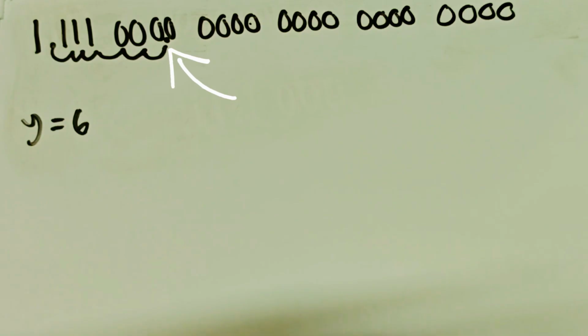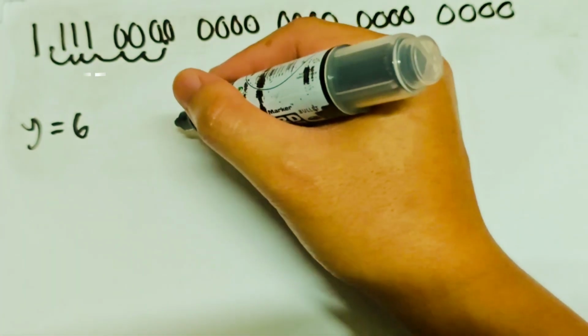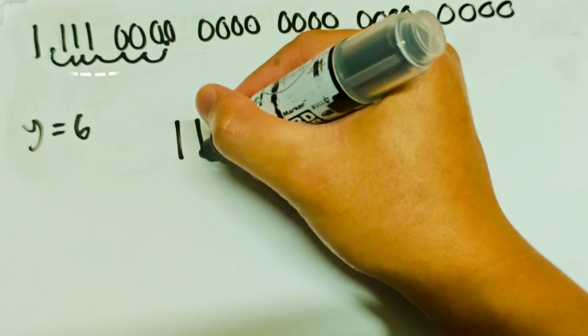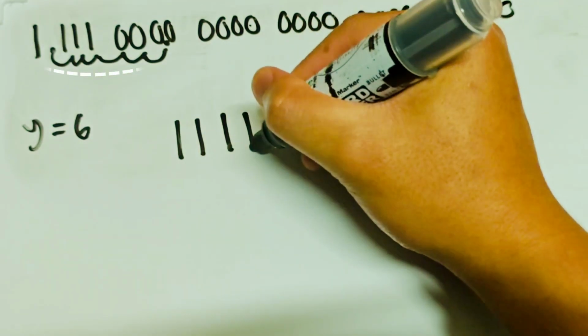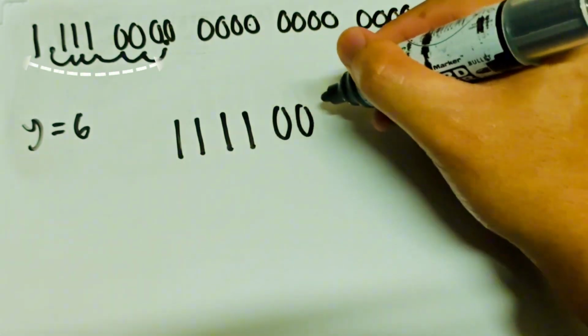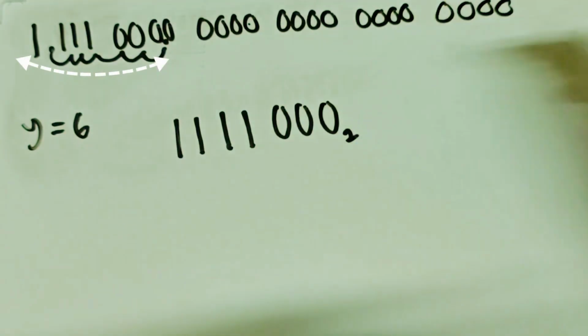Okay, after that, we need to get only the front number of the dot. And the remaining 0 will be removed. So, we only get the number here: 1, 1, 1, and 1, 0, 0, 0. So, this is step 6.